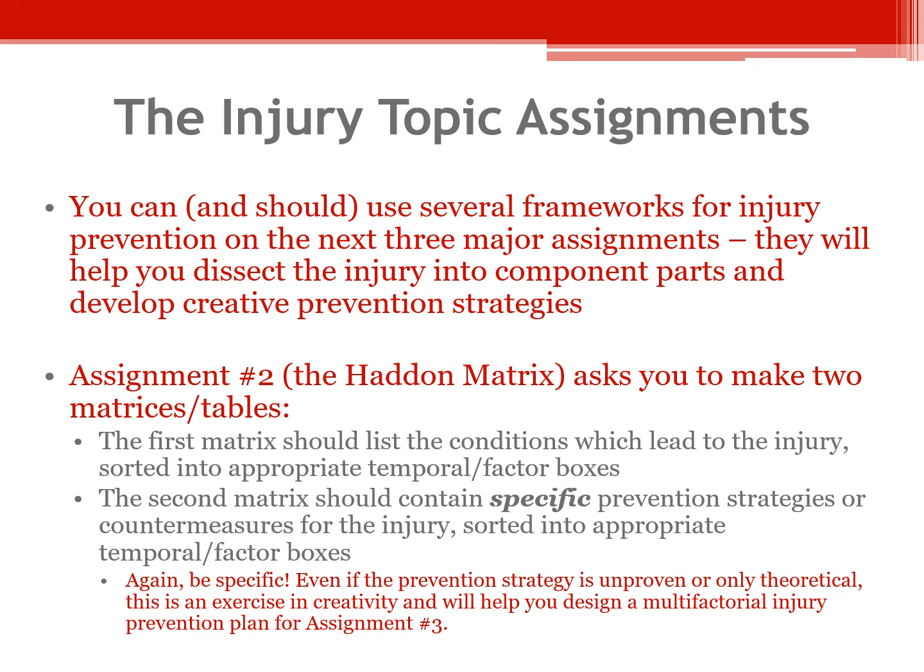The second matrix sheet you will complete will contain specific prevention strategies or countermeasures for the injury, sorted into the appropriate temporal and factor boxes. There's an example available in the assignment showing you how to do this for, I believe, construction scaffolding fall injuries, and how they occur and how they can be prevented. So feel free to use that as an example.